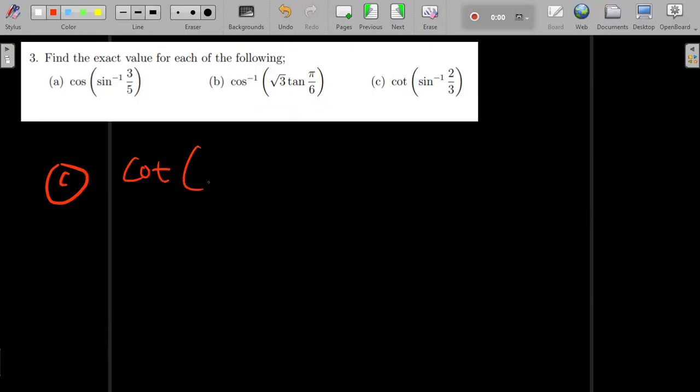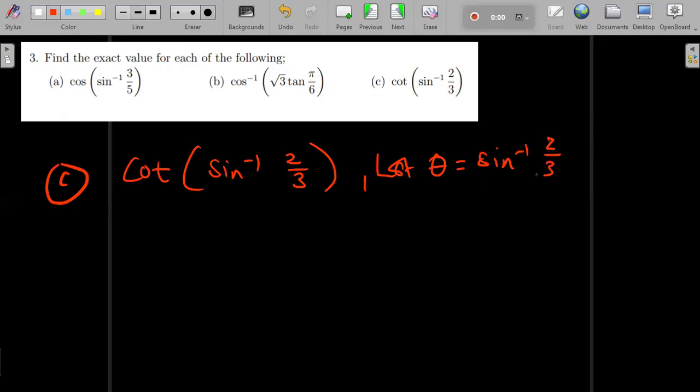We have cot of sine inverse of 2 divided by 3. We're going to solve it in a similar way to question A. Let theta be equal to sine inverse of 2 divided by 3.